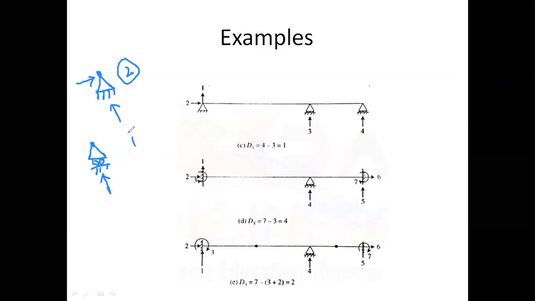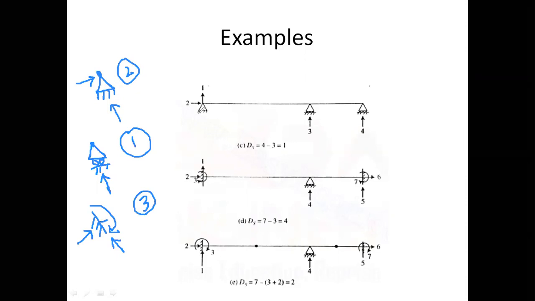So number of internal reaction will be 1. At fixed end, it cannot move in a vertical direction, so there is a reaction. Here it cannot move in a horizontal direction, neither can it rotate, so third is rotation. So number of internal reaction here will be 3. Free end, internal reaction will be 0.